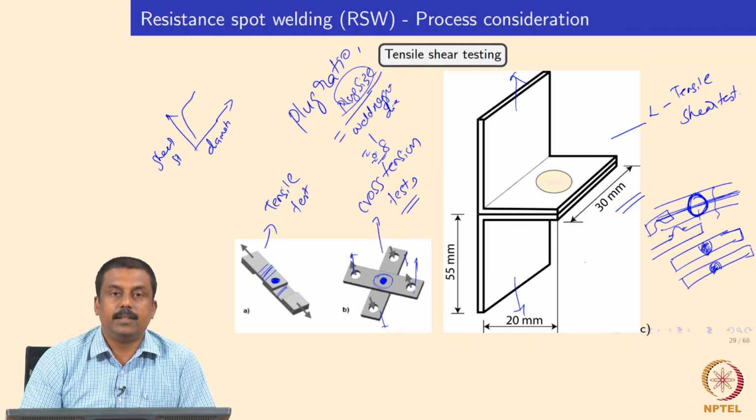So we looked at the electrode size and various shapes we use, and we will move on to the process characteristics of resistance spot welding. We started from the weld growth curves. So what are the implications?